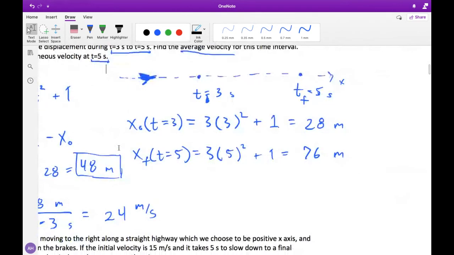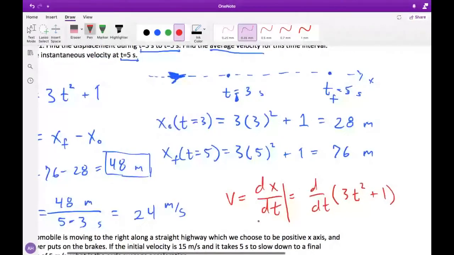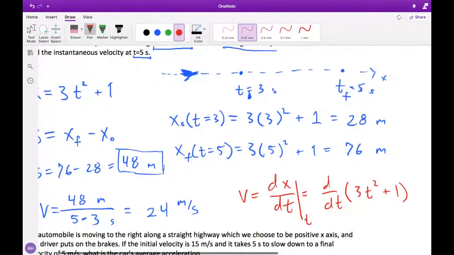So our instantaneous velocity, you can write it this way as the derivative of x with respect to time. Now we're just taking a time derivative. This is going back to calculus: d/dt of 3t squared plus 1. And we also want to evaluate this derivative, so I'm going to draw a line and say at t equals 5.